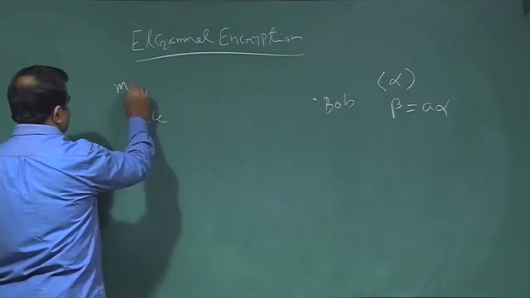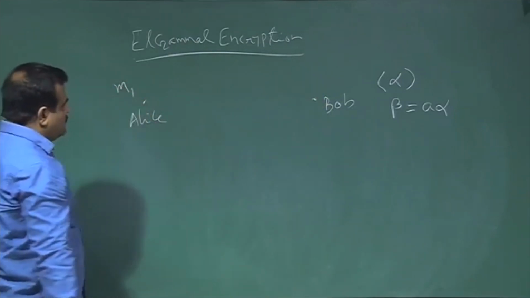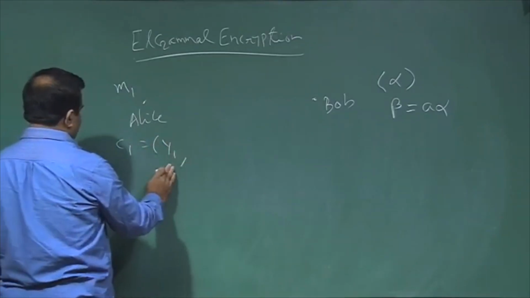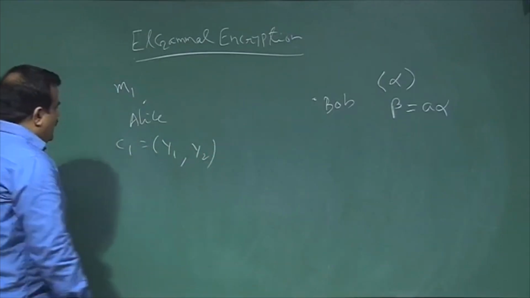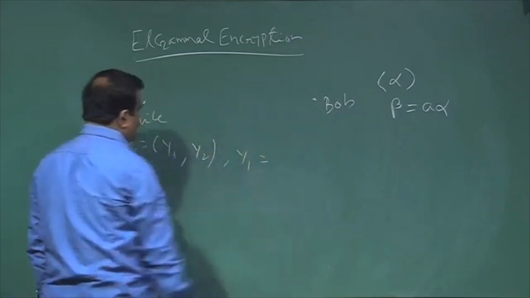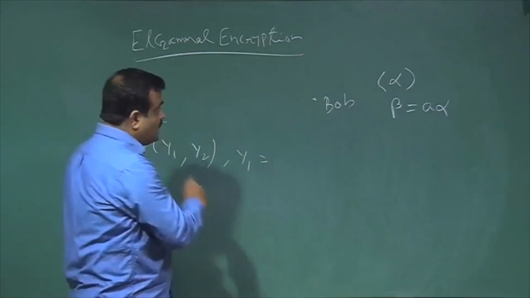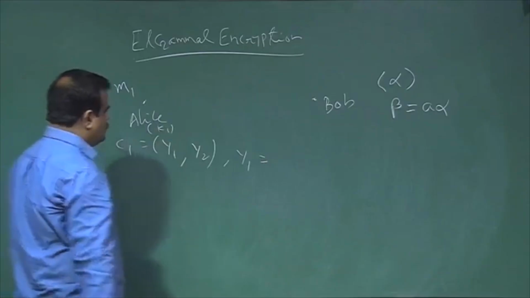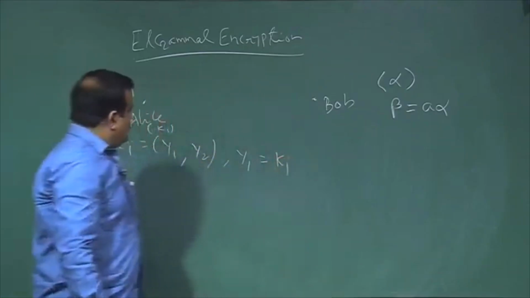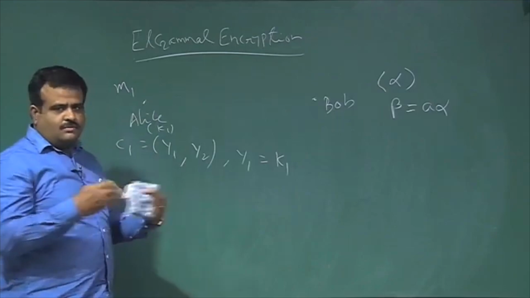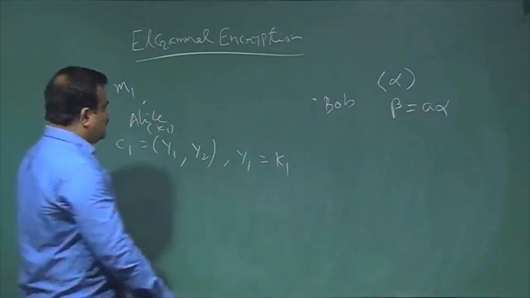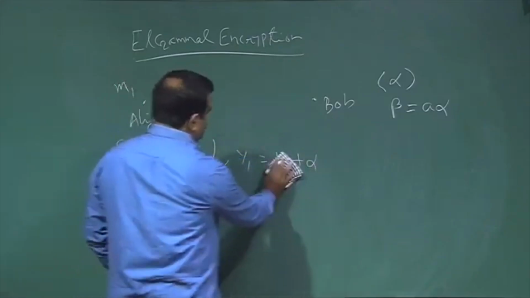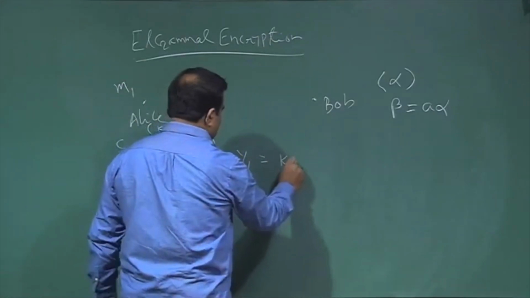If M1 is the message, the ciphertext C1 has two parts, Y1 and Y2. Y1 is obtained as follows: Alice chooses a k, and Y1 is k times alpha, where the power means the added multiplicative cells, so it is k alpha.